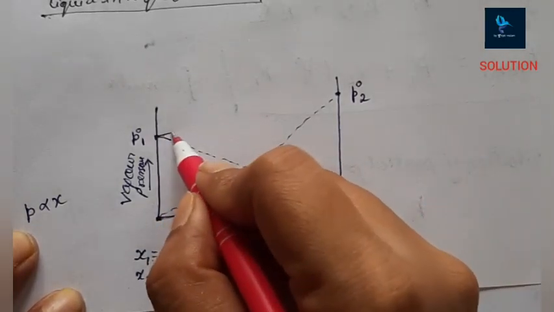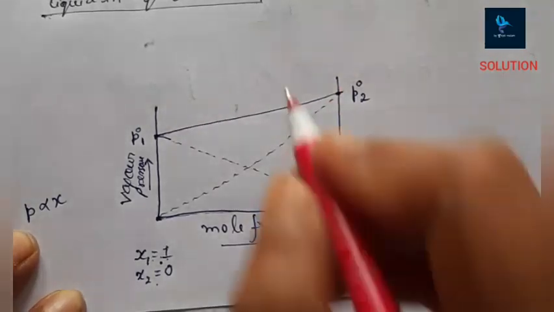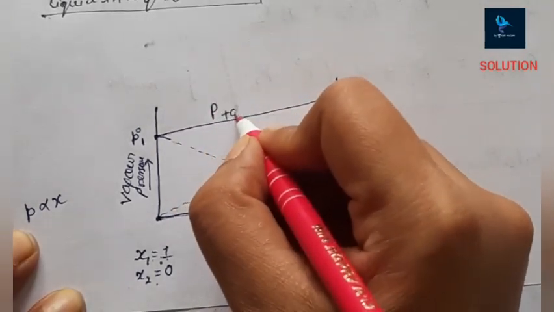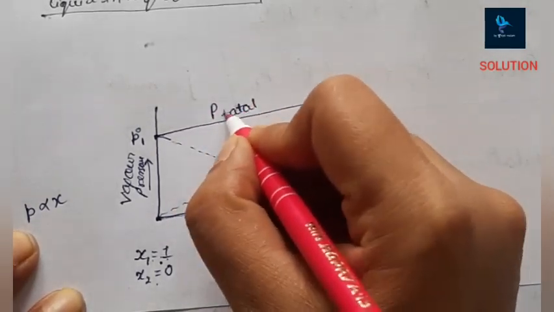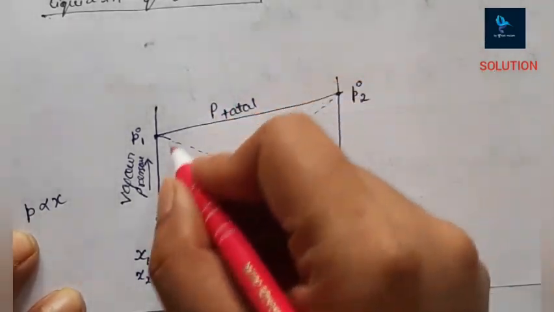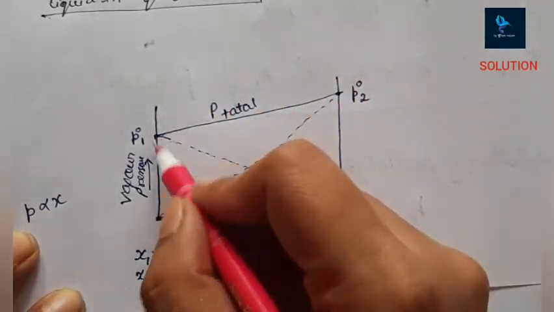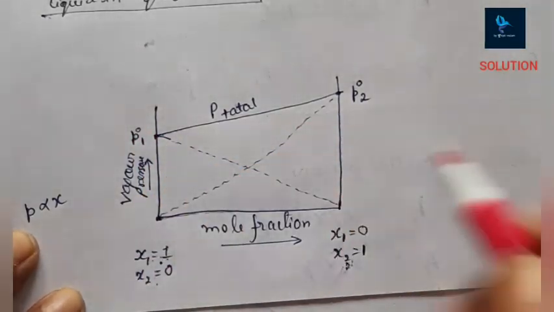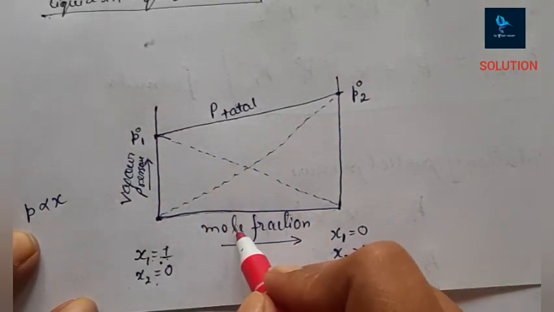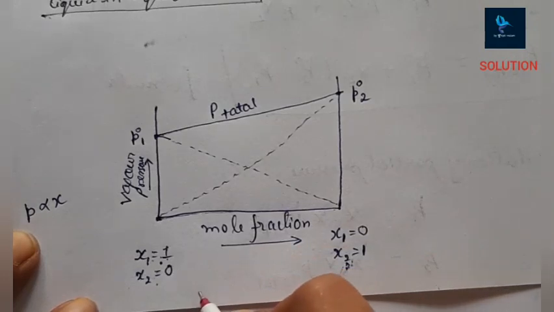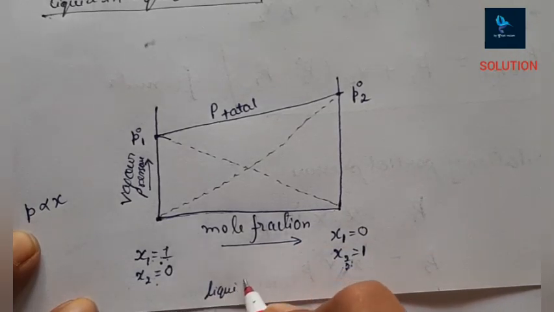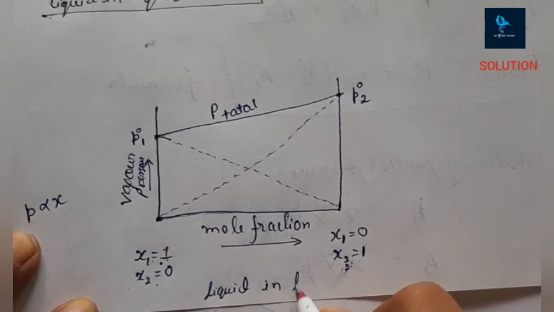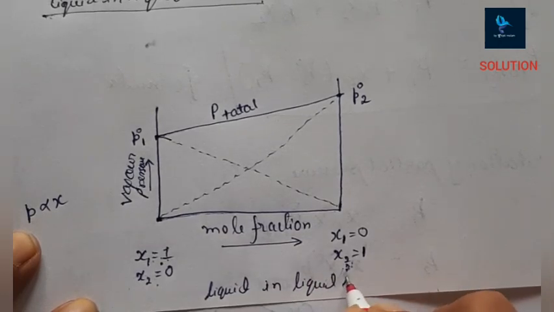When we join both, we get P total. In between, we always get the total pressure, and at this point we get the vapor pressures. This is the phase diagram for a liquid in liquid solution.